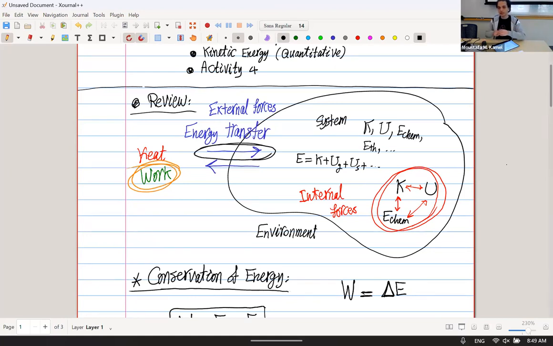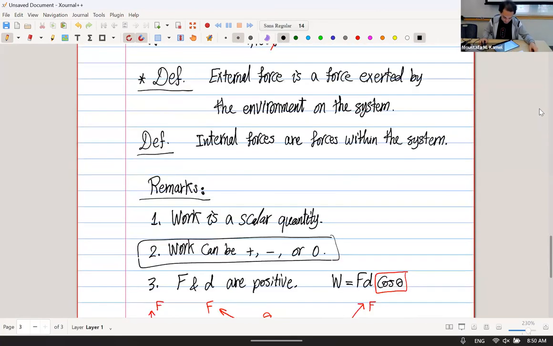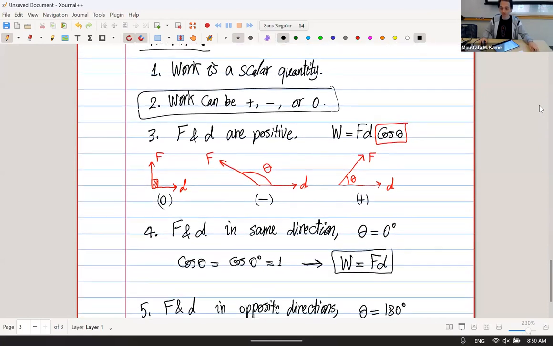And if work is negative, energy is taken away from the system. So it's a scalar quantity, but this sign doesn't indicate direction. If you want to think about it this way, you can think about it as the direction of energy transfer. Like energy goes from the environment to the system, meaning positive work. Does that answer your question?